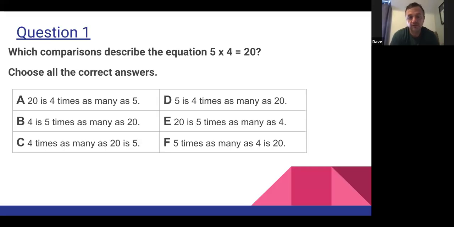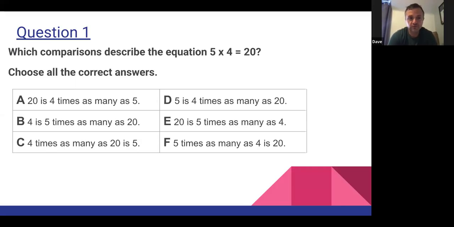So D. 5 is 4 times as many as 20. So 20 is 5 times as many as 4. Can that work? It can, okay? So 20 is 5 times as many as 4. That one does work. And then 5 times as many as 4 is 20.